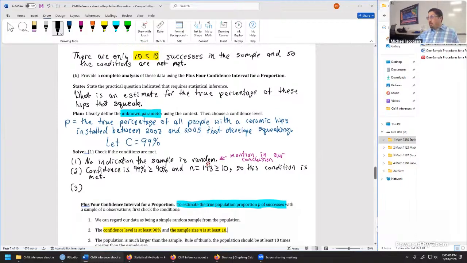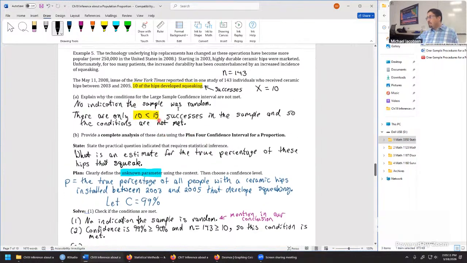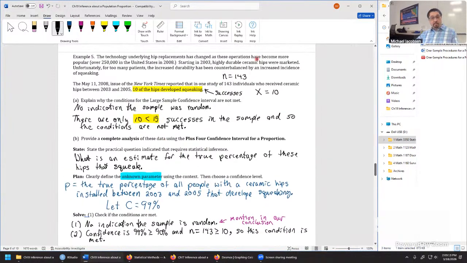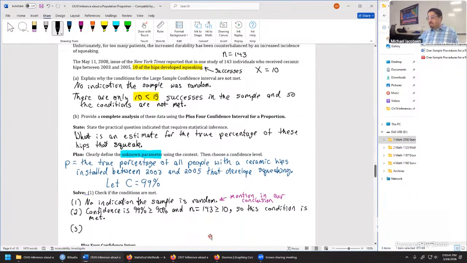But if we scroll up through the problem, it said at one point that operations have become popular for these hip replacements. This is not the right year. Our target years are between 2003 and 2005. But in 2008, there was 250,000 hip replacements. That's probably enough to give us a good indication that between these two target years, this is probably not that large relative to the population. It's very conceivable that the population is more than 10 times this size.